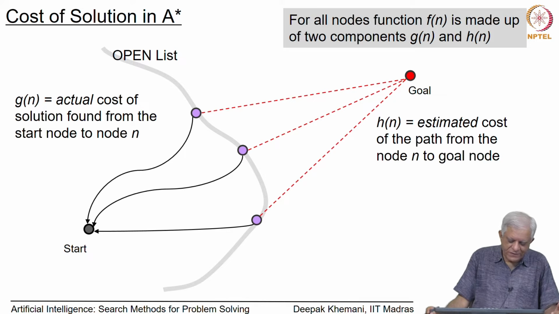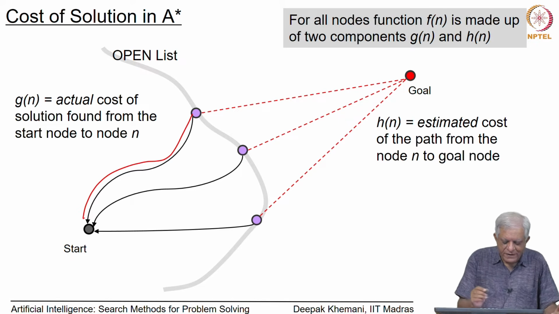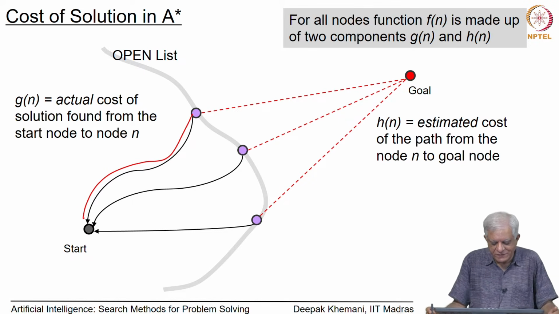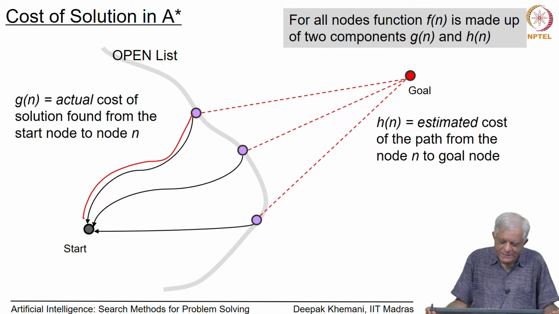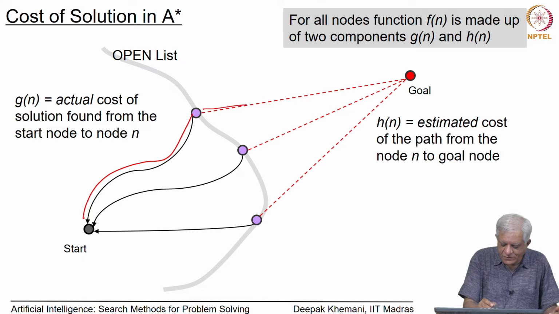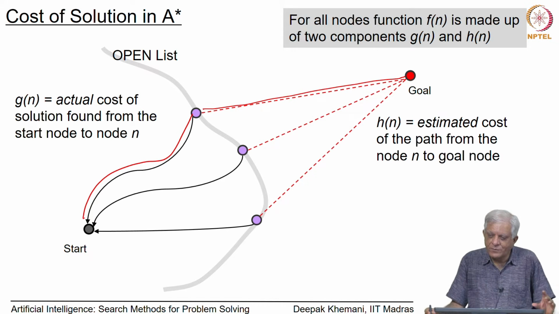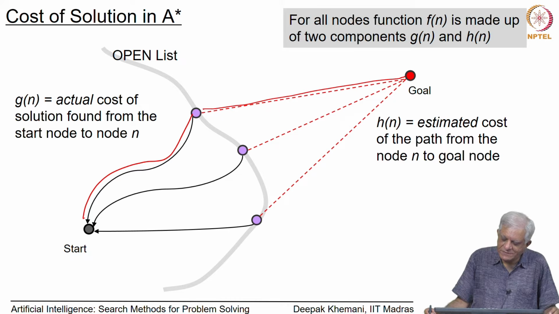So, in this graph, g of n is represented by these curved lines, for example, this one, and whatever is the length of this path is g of n. The other feature that A star uses is h of n, which is the estimated distance to the goal, and A star essentially uses a combination of both these distance functions and uses a combined function which we call f of n.